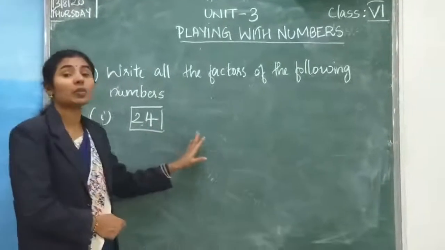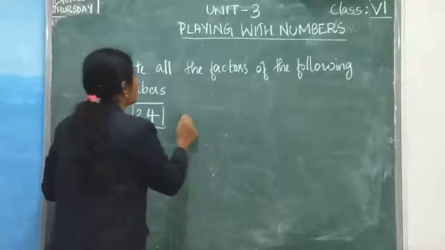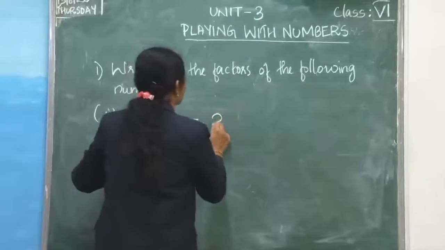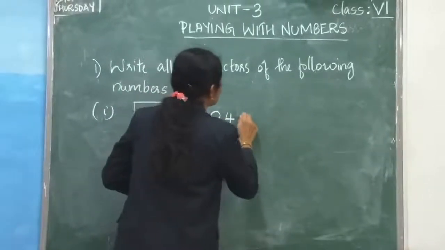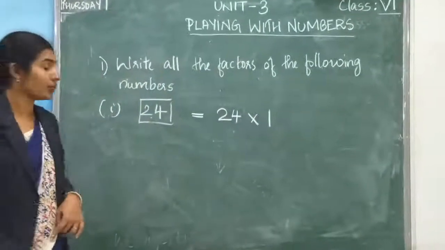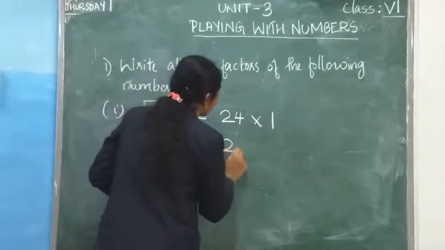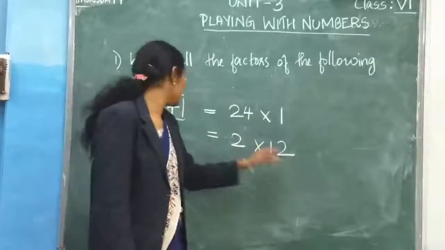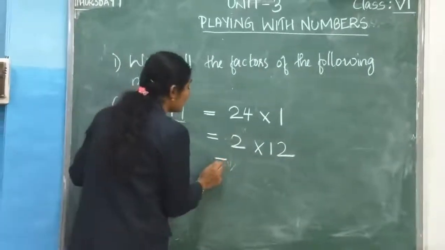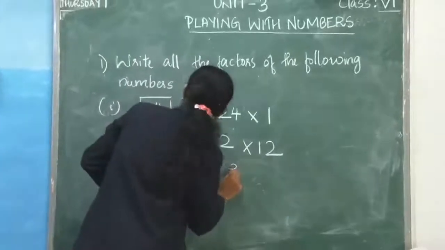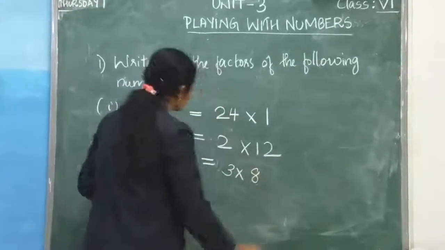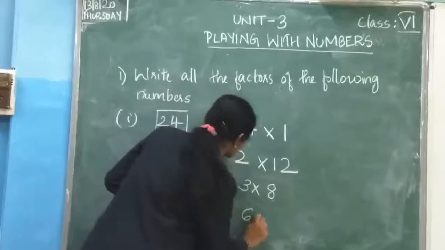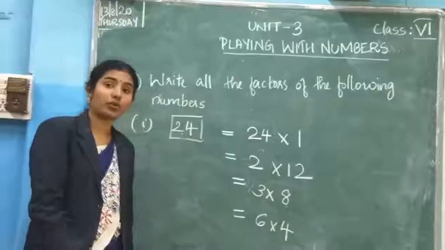So which numbers will be the factors of 24? First, how can you write 24? 24 ones are 24. Next, 2 times 12 is 24. Any other? 3 eights are 24. 6 fours are 24.